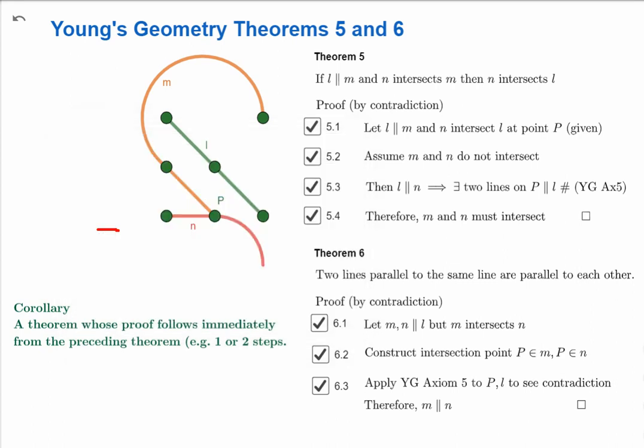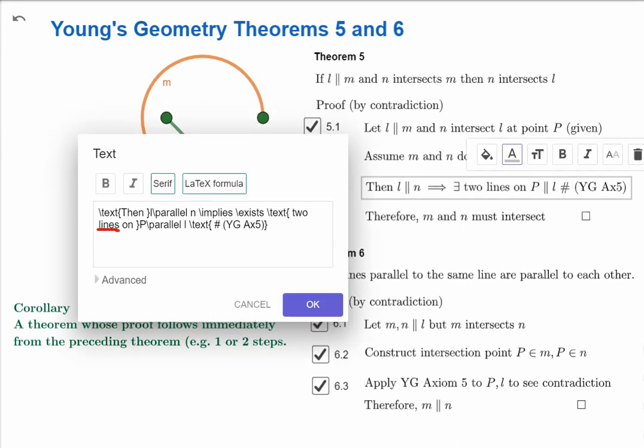So let's take a look at this one, for example. And so you can see that I have text. Then, and by the way, that space is important. Otherwise, I can't get spaces out here, right? The LaTeX editor is just going to ignore those spaces. So I have to put the space inside the little text box there. Then this is L is parallel to N, and this is an implies there exists, and then I'm back inside a text box.